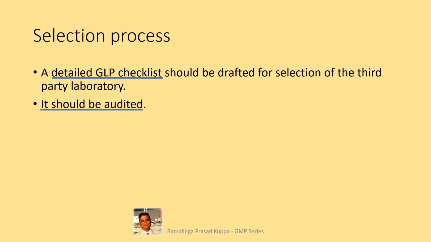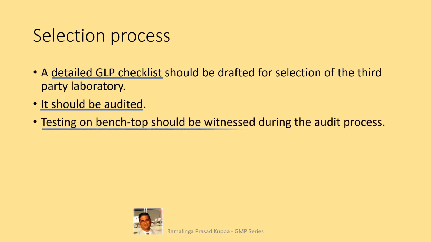The contract laboratory should be audited as per mutually agreed timelines. Testing on benchtop should be witnessed during the audit process. It is a requirement to witness the carrying out of the test while auditing. Test protocol may have the counter signature of the auditor as additional checker.